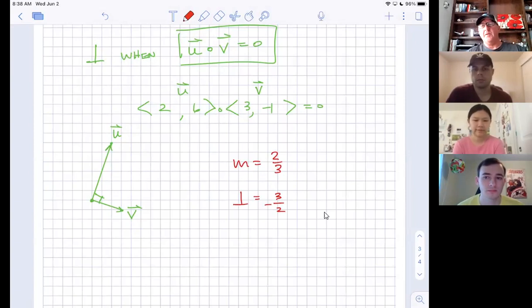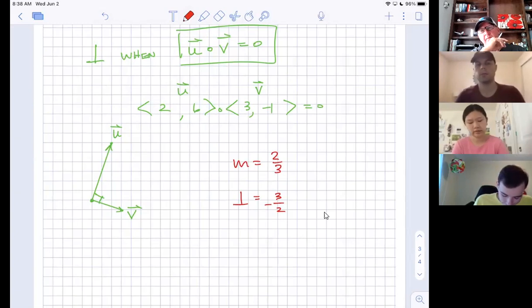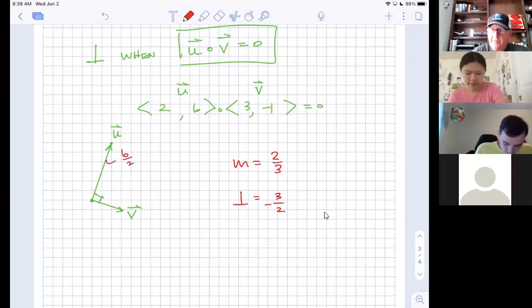So is that related here? Is that related to what you're seeing in this case? I mean, think about the slope of 2, 6, and 3, -1. What we've been noticing is that if X is 2 and Y is 6, isn't the slope of this 6/2, rise over run?